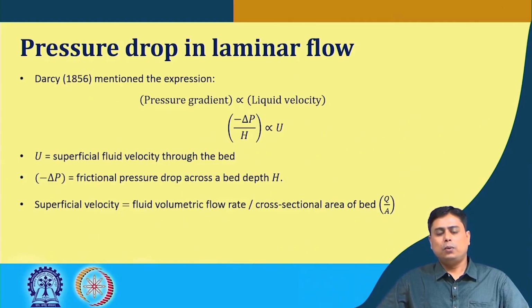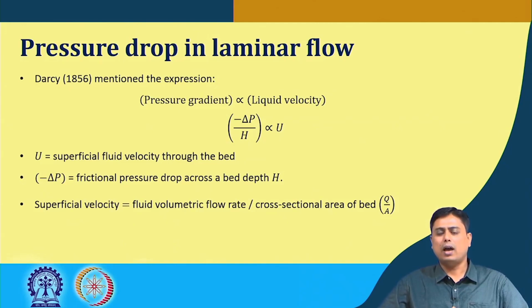Okay, so why the negative sign? You already know this, that here the flow is happening from the high pressure region to the low pressure region. Okay, so the frictional pressure drop across the bed having a height or depth, whatever you say, if that is H, then this del P by H is basically proportional to the superficial velocity, where the superficial velocity is nothing but the fluid volumetric flow rate per unit cross section of the bed.